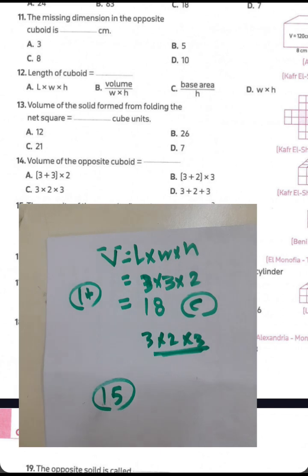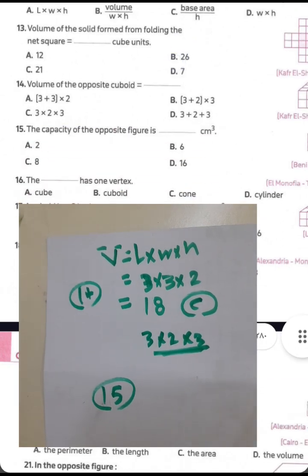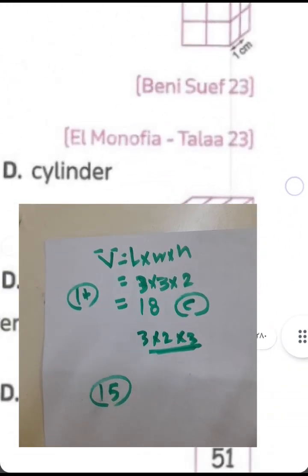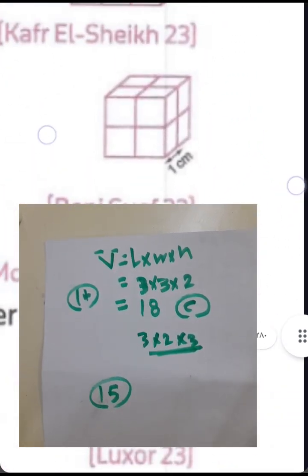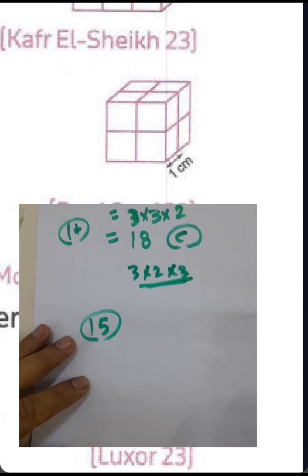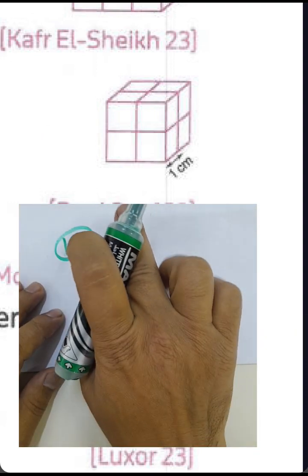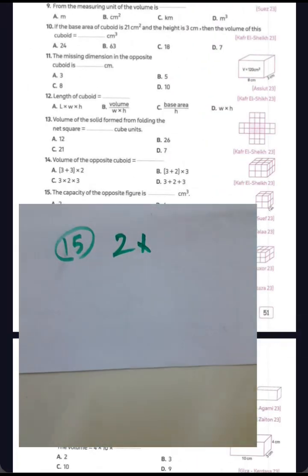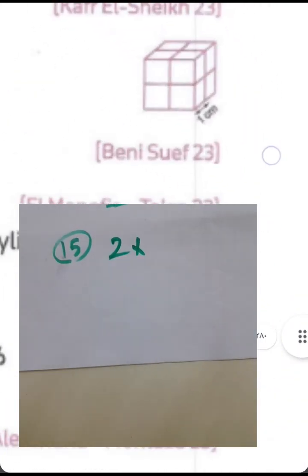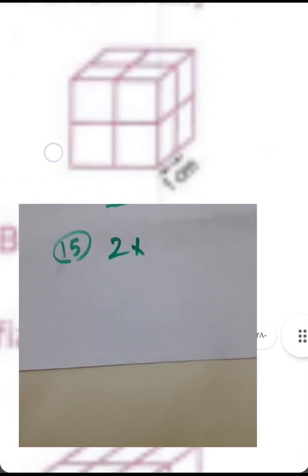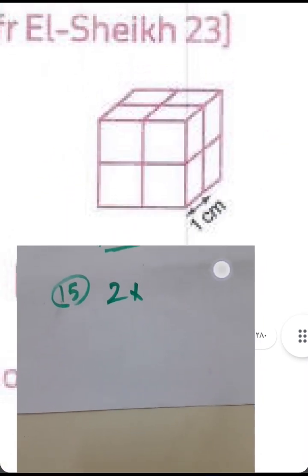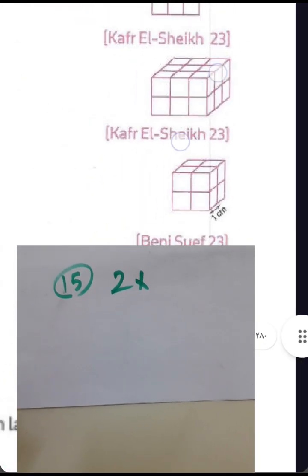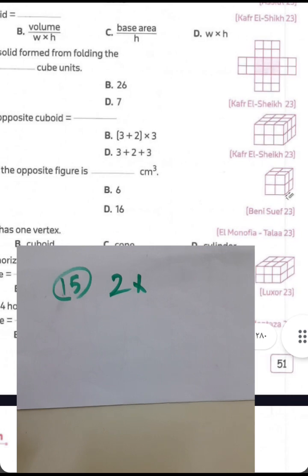Question number 15. The capacity of the opposite figure is what? Capacity means the volume. We can write the volume here, length times width times height. Length here was 2 units. Count with me, 1 and 2. And width was 2 centimeters.